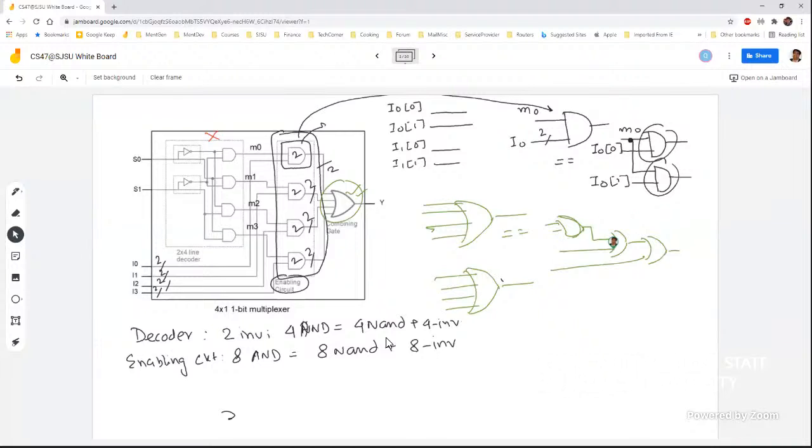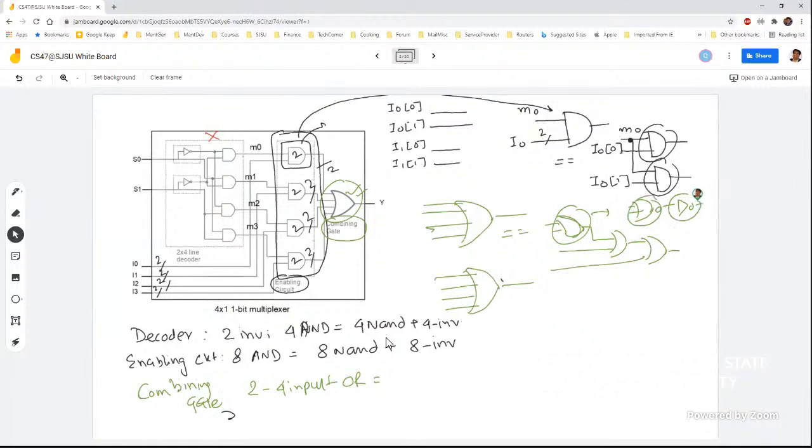This is a 4 input OR, and each of them is individually a NOR with an inverter. For the combining part, we have 2 4 input ORs, and each 4 input OR will have 4 NOR, 4 inverter.